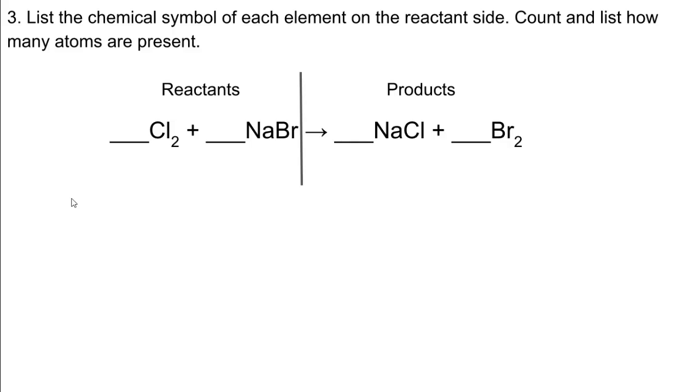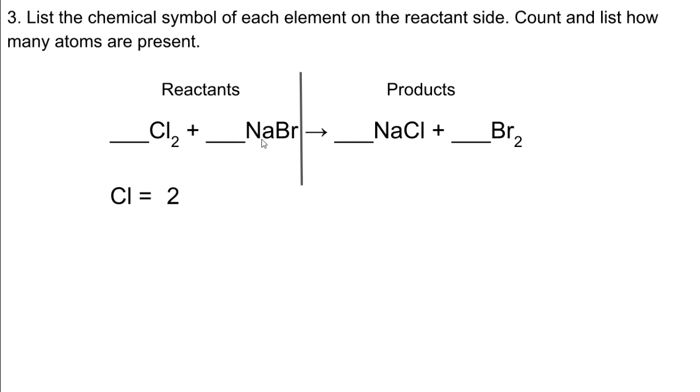Okay, so going back to listing the chemical symbols of each element on our reactant side, we're counting and listing how many atoms are present. So I'm going to write down my first reactant, and I have Cl. Since my subscript goes with the element to the left of it, I say that I have 2 Cl.